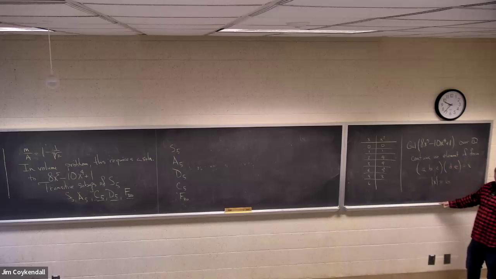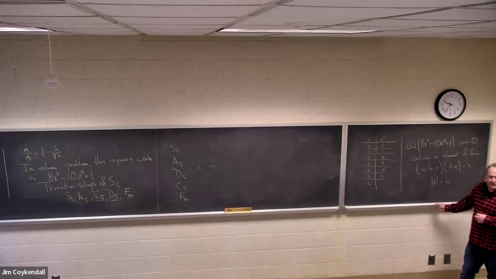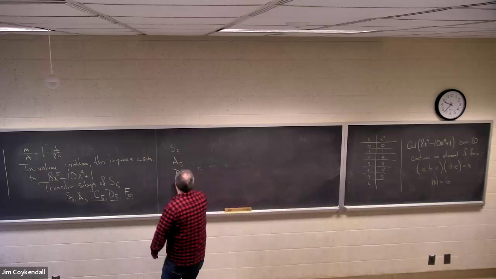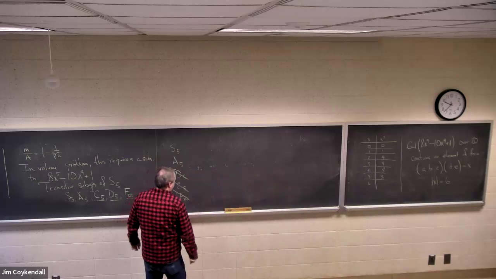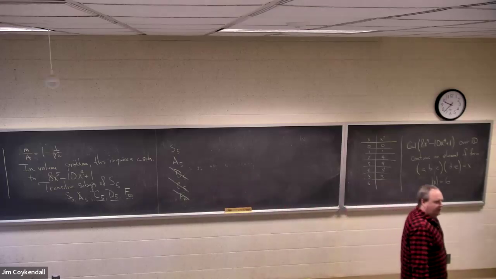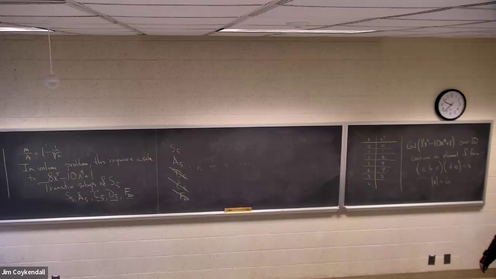If you have disjoint cycles, then the order is the least common multiple of the orders of the cycles, which in this case is 6. It can't be any of those, right? Because 6 does not divide the orders. 6 does not divide 10 or 5, and it divides 20.